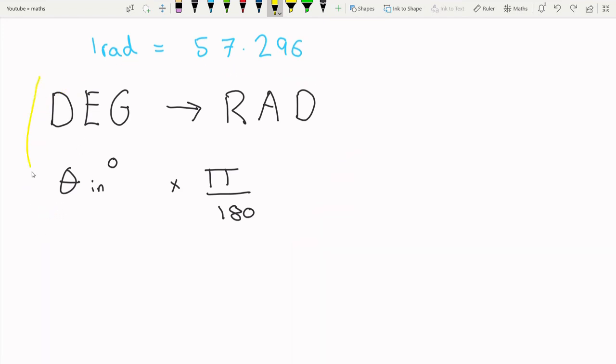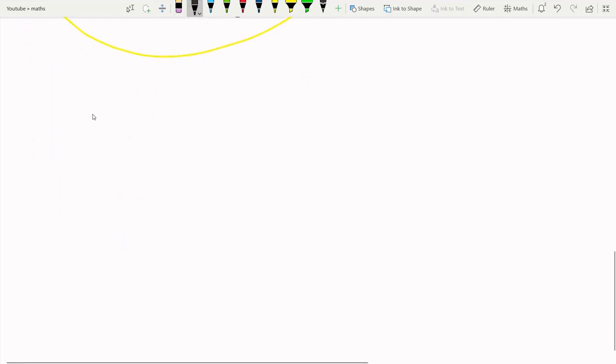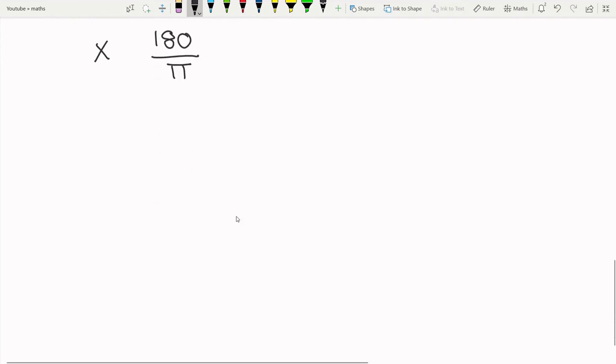Do that in a circle. And then the opposite is true for radians 2 degrees, rad 2 deg. We times it by 180 over pi. Simple. We go through some important common examples.